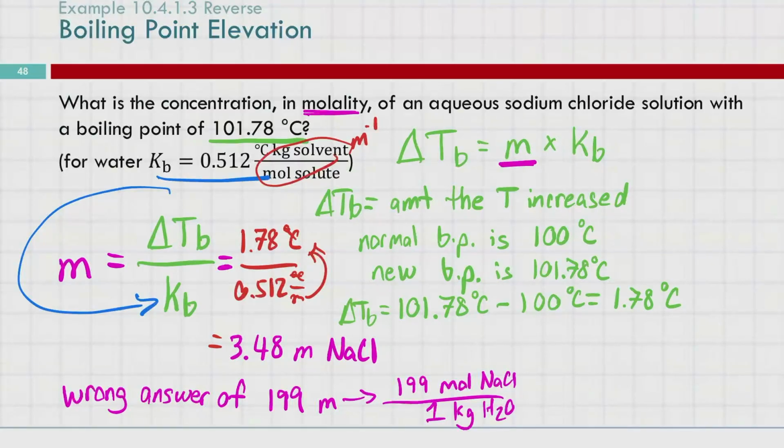So in 1 liter of water, you have somehow fit 199 moles of sodium chloride, which is 11,600 grams. So 12 kilograms of salt in 1 liter of water. If we think about it a little bit, we would hopefully be able to catch, hey, that's a little too much salt.